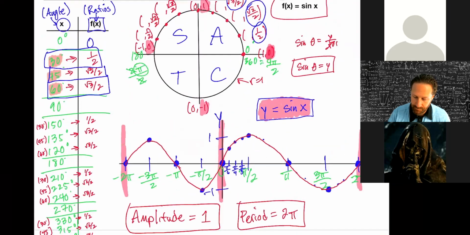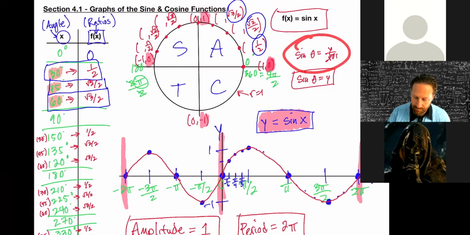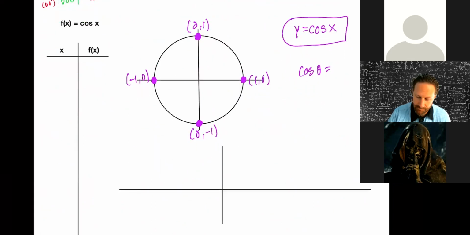Close. Y over r is sine. Oh, x over r. And if our r is a 1 everywhere, then this would become a 1, and therefore cosine is equal to all the x values.